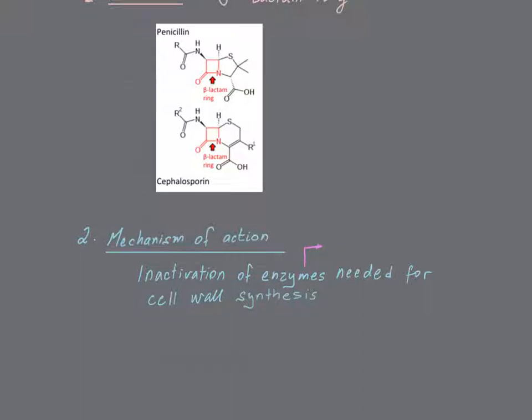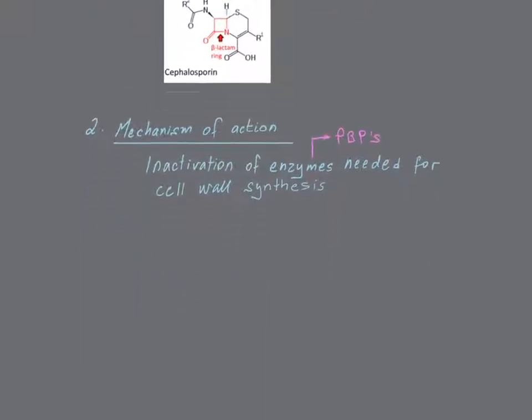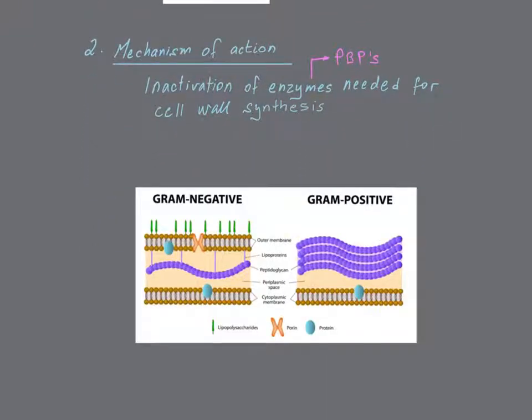PBPs, and this is going to be very important when we discuss resistance, especially when we talk about Staphylococcus aureus and MRSA. In this graph here you can see both types of bacteria, both gram-negative and gram-positive, and the purple structure there is called a peptidoglycan. That's the structure that will be inhibited by beta-lactams.